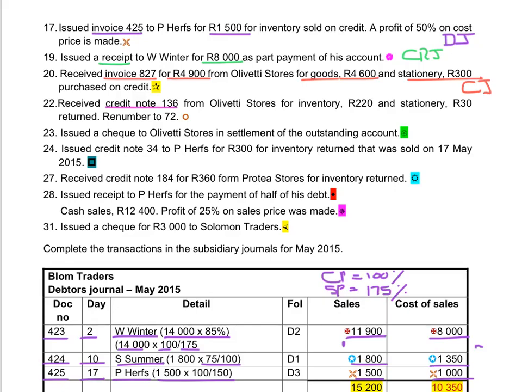Receive a credit note from Olivetti Stores for inventory 220 and stationery 30 returned. We bought the goods from Olivetti Stores, recording it in the creditors journal. If we return goods to them, it means that we have to show in the creditors allowances journal that we owe less money to Olivetti Stores.